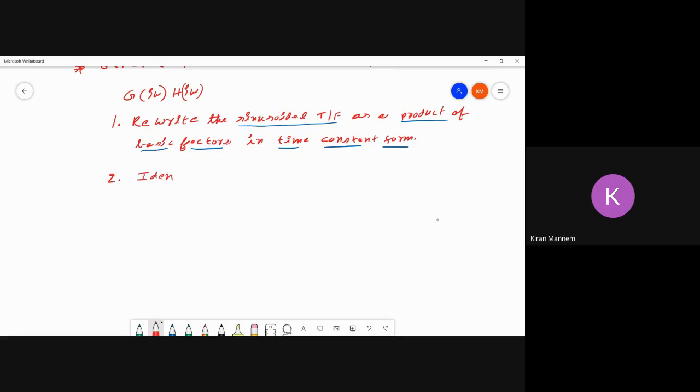Identify the corner frequencies associated with each one of these basic factors.